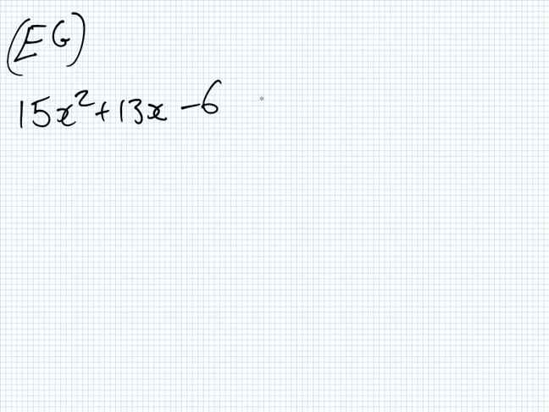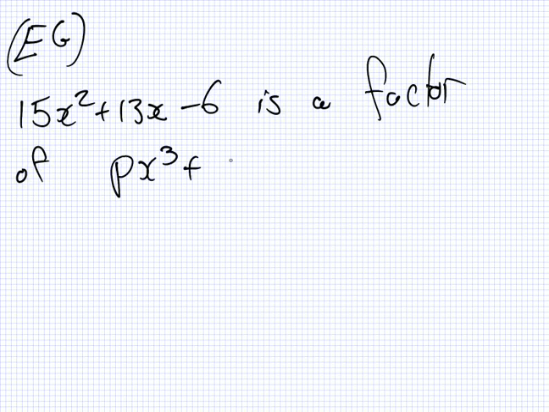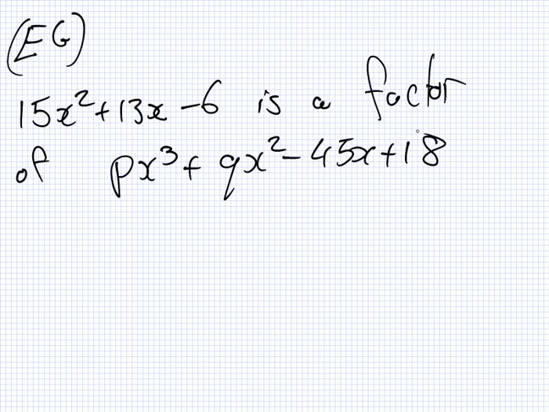If I divide by x minus 1, that means the remainder is 9, which means that p times 1 cubed minus 26 times 1 squared plus 71 times 1 plus q should equal 9. Let's clean that up a little bit.